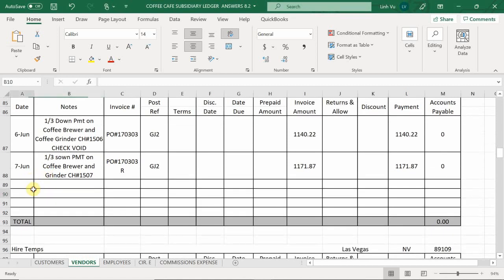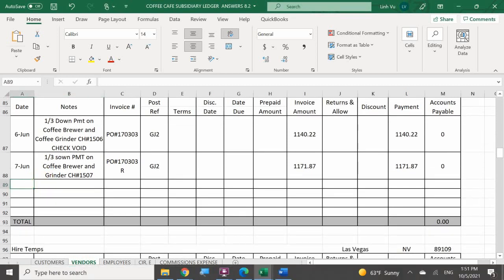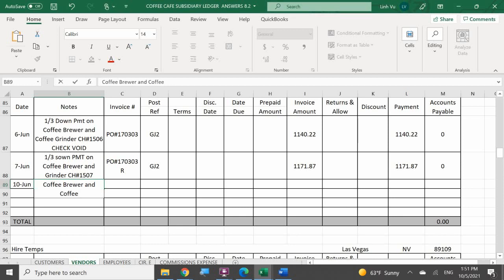Okay, so this is where we can go ahead and say that we received the bill. Now we have an amount that we pay. So what we write, we need to pay left from the coffee. You write the bill.